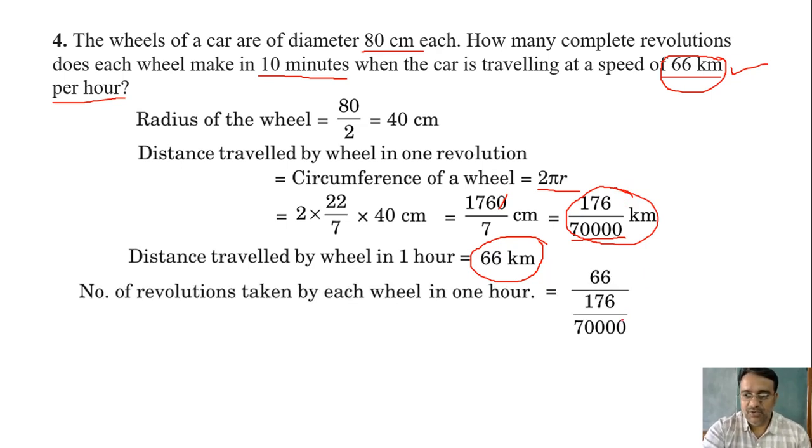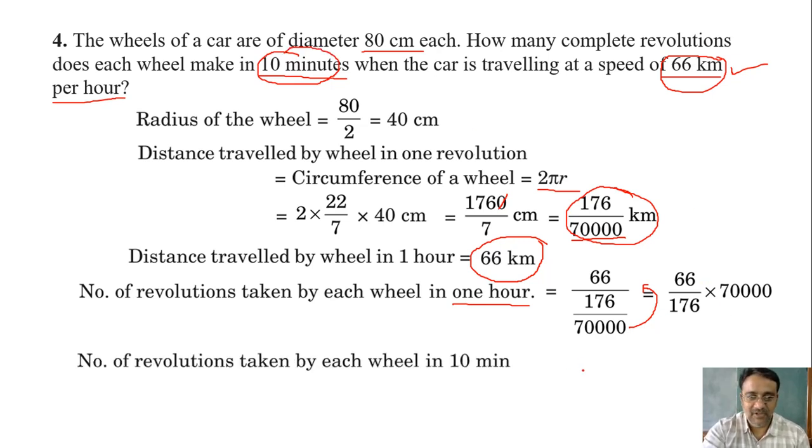Okay, so this will come in the numerator. अब इसको डिवाइड करेंगे, सो 66 अपॉन 176 इंटू 70,000. सो अगेन दिस इज इन 1 आवर और हम लोग को निकालना है 10 मिनट्स में. सो वी कैन मल्टीप्लाई 10 by 60. सो नाउ दिस 0 0 वी कैन कैंसिल और ये 6 भी कैंसिल कर सकते हैं, 11 मिलेगा, राइट?